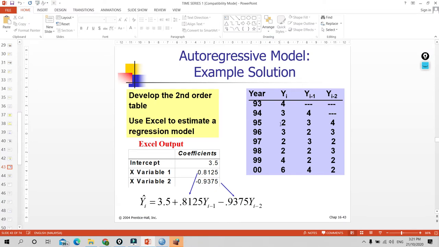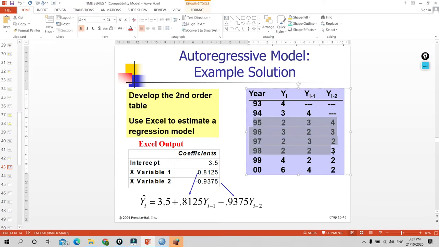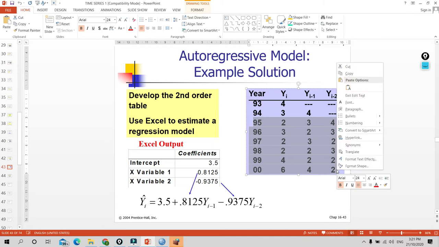So I just pick up this data and focus on it.